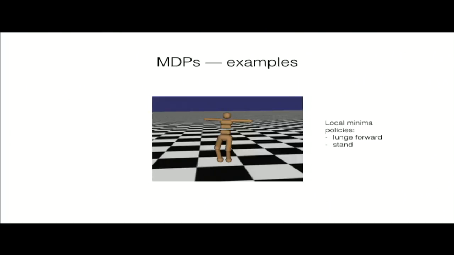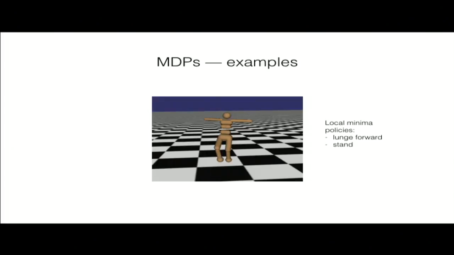For example, two local minima you run into a lot are: one is where you just lunge forward. Let's say you set up a reward function where you get a reward for moving forward, but you get a penalty for falling over. Then you might end up with a policy that just lunges forward to get as much reward as possible for the forward reward, and then falls.